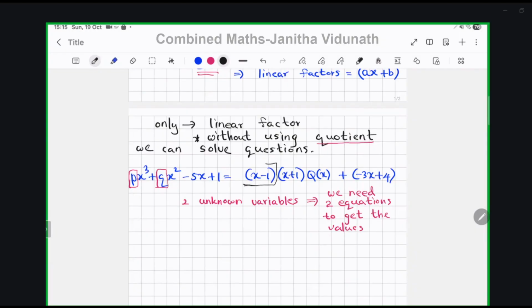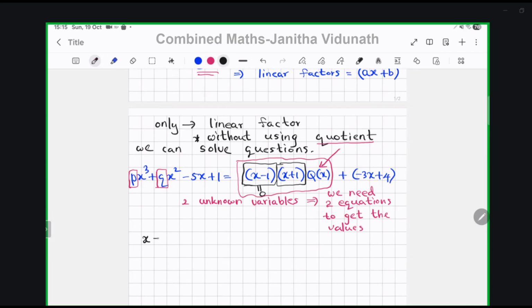Now, there are two linear factors in our divisor. If this is equal to 0, then the whole term vanishes. That means we do not need to find our qx. Let me repeat.